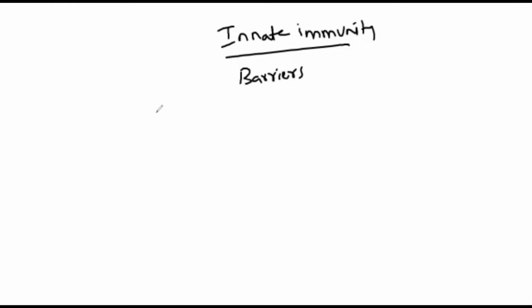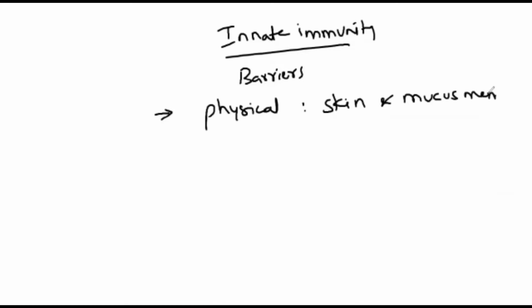Number one, physical barriers. This includes skin and mucous membrane. You know that skin is the largest organ in our body, and the skin does not allow pathogens to move into the body.